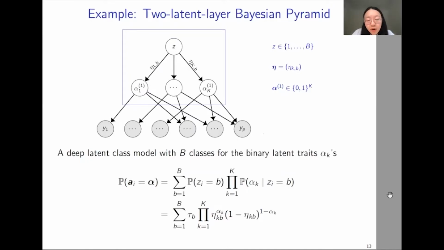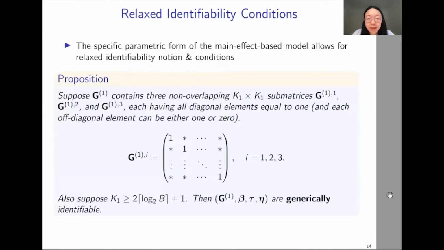To complete model specification, we just use a latent class model to model the distribution of these K binary variables, with the Z serving as the deep latent class. This specific parametric form of the main effect-based models actually allows for relaxed identifiability notion and conditions.